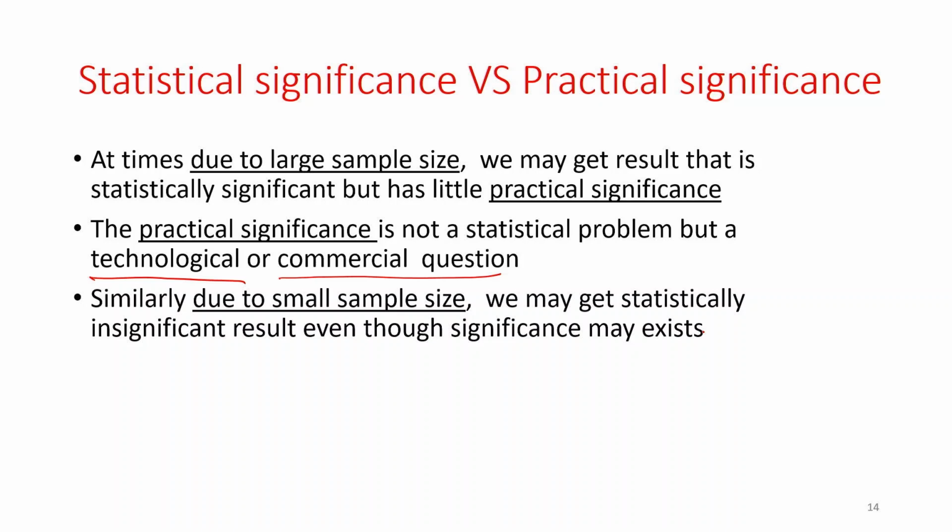Statistical significance could be there when we go for a very large sample size, more than 100, 200, 300 samples, and then test, and we can show that there is a statistical difference between the means. But this statistical difference between the means may not be of practical significance because the actual difference between them is so little that practically it is not significant at all.